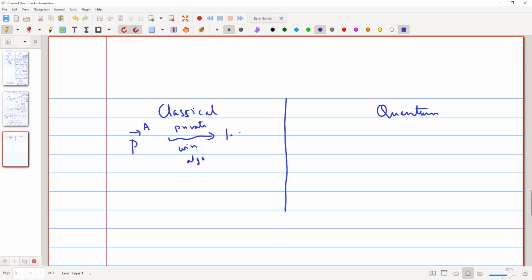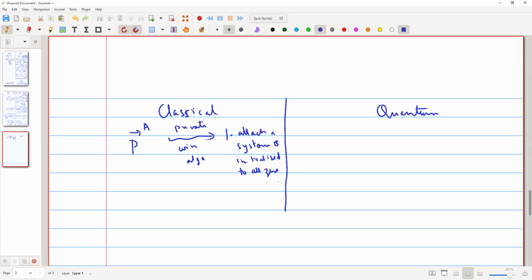So step one was, I have this probability distribution A and I want to do a private coin algorithm. So recall the data processing proof. As I said, any private coin algorithm can be thought of as a three-step process. First step is attach system B, initialized to all 0.